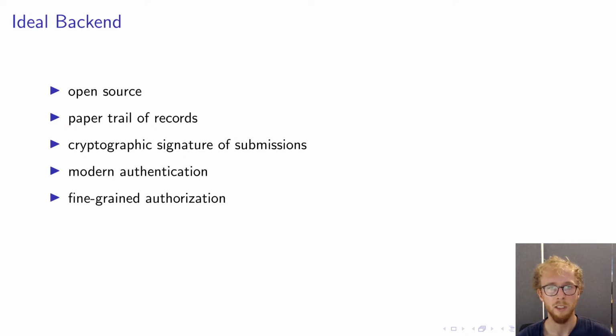Then what we also need is fine-grained authorization. So we want to assign the least privileges possible to all the people who have access to the system. It shouldn't be possible for anyone to, for example, submit or do things they're not supposed to do.